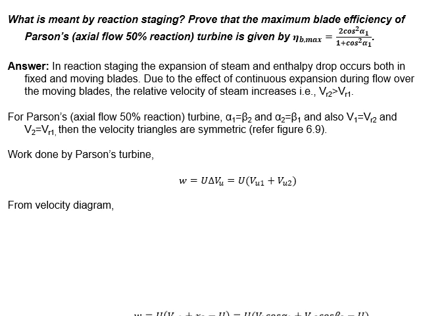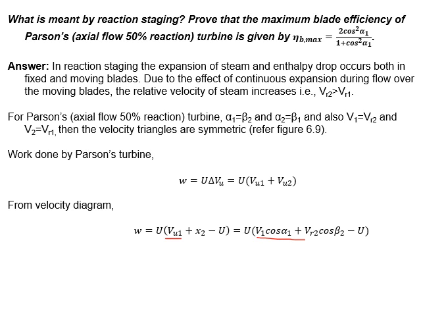From the velocity diagram, W is equal to U into (VU1 plus X2), where VU2 is written as X2 minus U. So that is equal to U into (V1 cos alpha 1, that is VU1, plus VR2 cos beta 2 minus U), since X2 is written as VR2 cos beta 2. But alpha 1 is equal to beta 2 and V1 is equal to VR2.